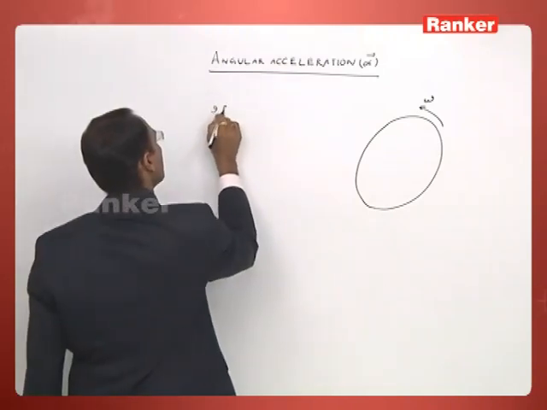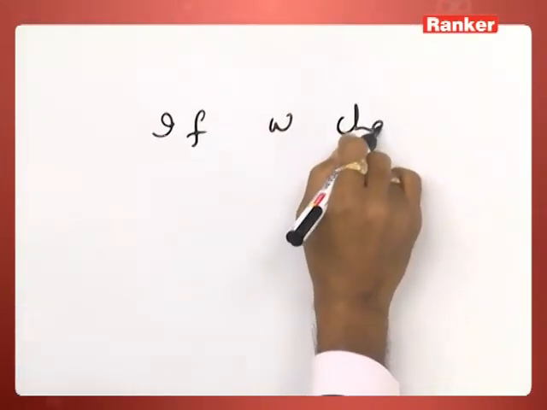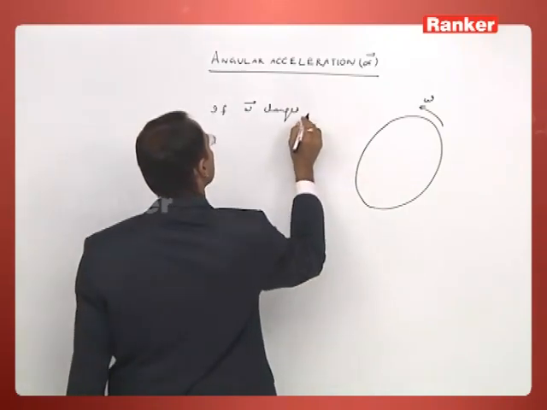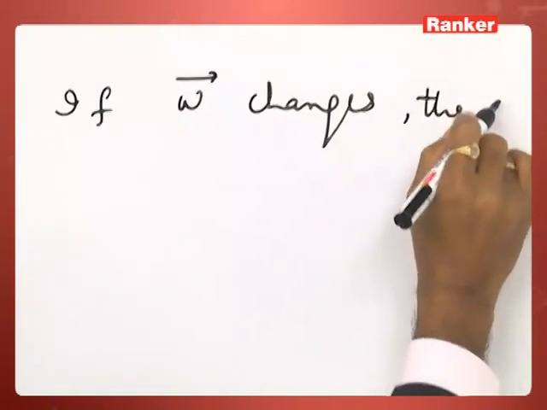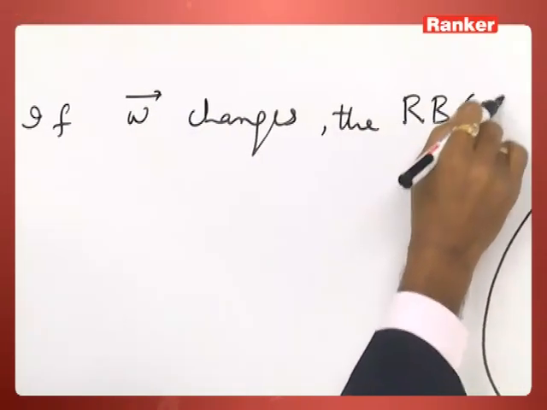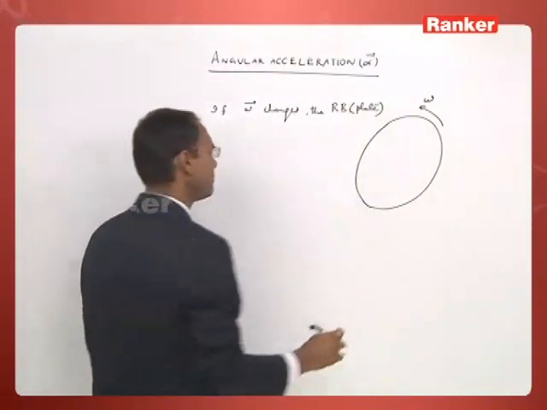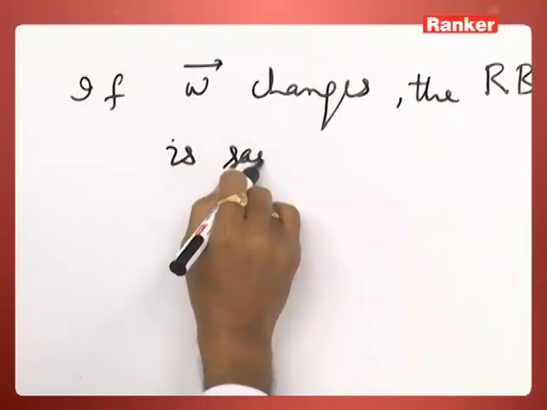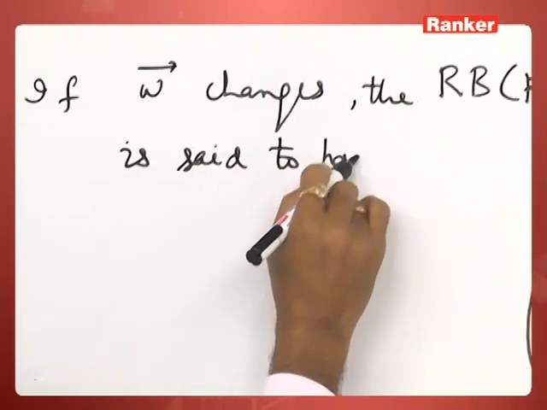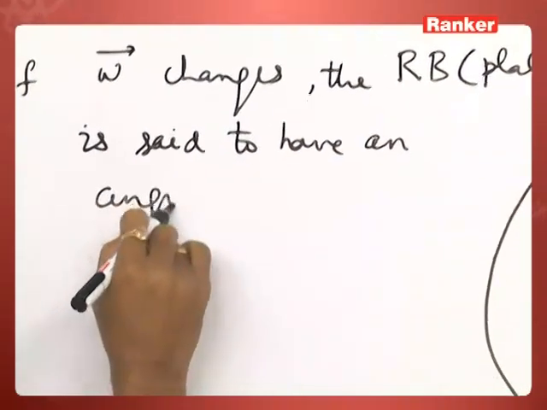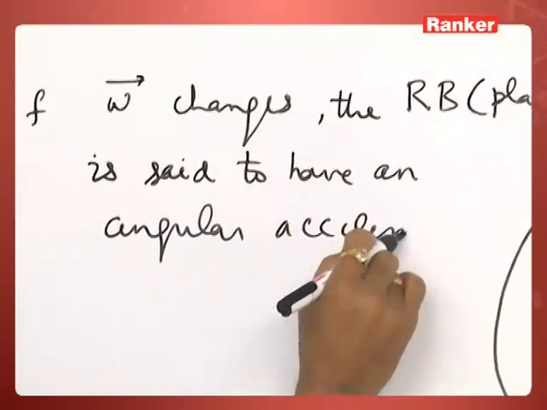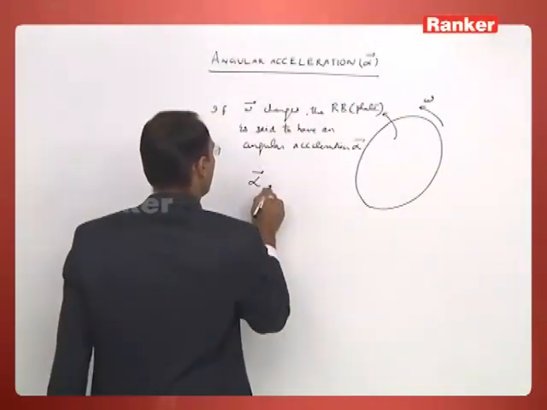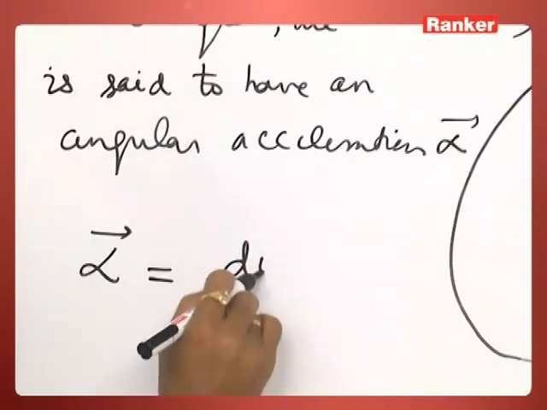If omega changes, if the angular velocity changes, the rigid body, this is the plate in this diagram, is said to have an angular acceleration given by alpha, defined as the rate at which the angular velocity is changing.